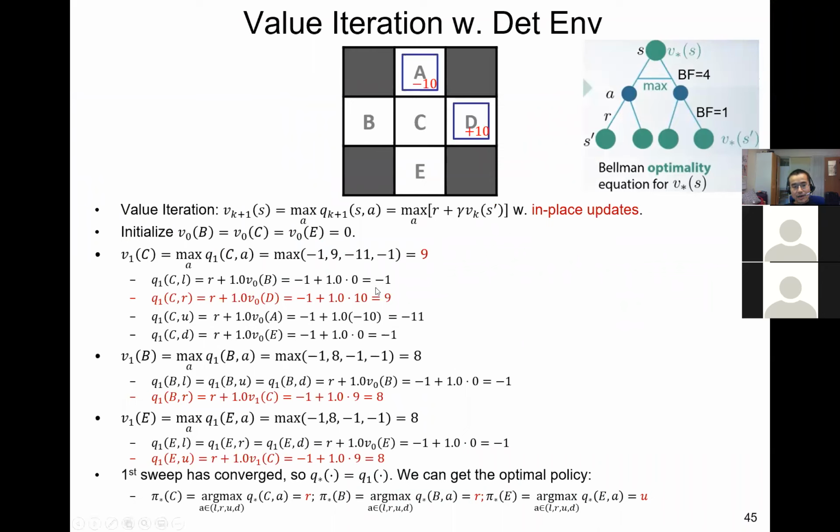If you go right, you go into D and get a total of 9, and go up, you get -11, and go down, you get -1. So taking the max over all the possible Qs, you get 9 as the value function for state C. And for B, you get +8, and for E, you get 8.